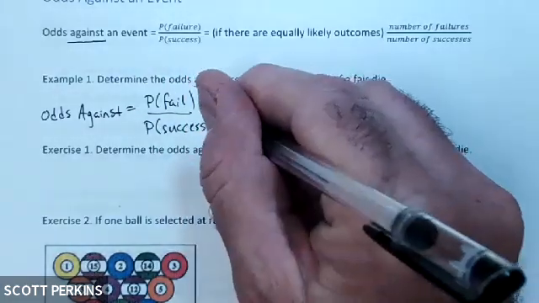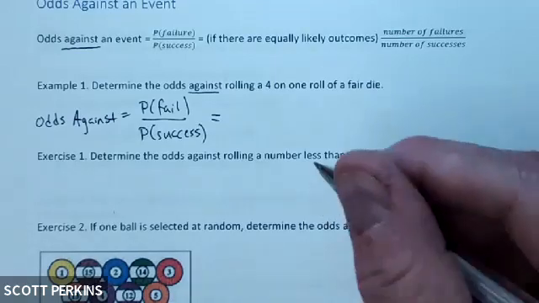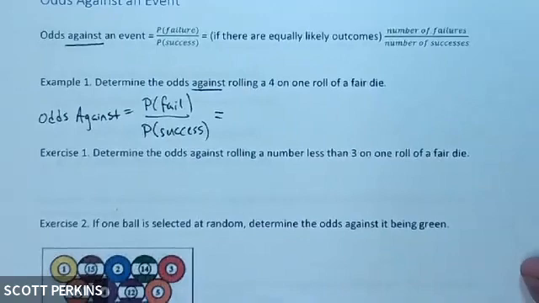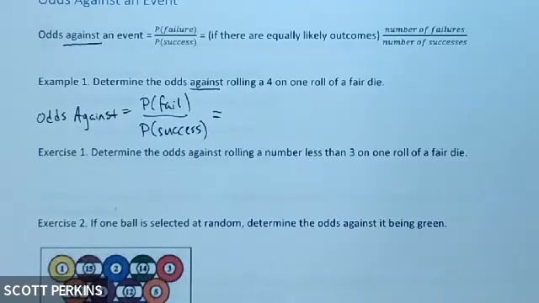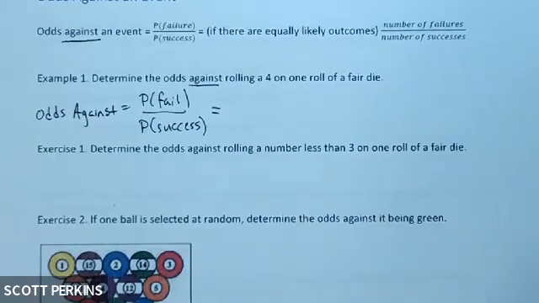Now, I don't know about your brain. My brain has a hard time going with the probability of failure. I don't know why. So I always start with the success and go from there. If you don't have any such problem, you have a fresher brain than me.